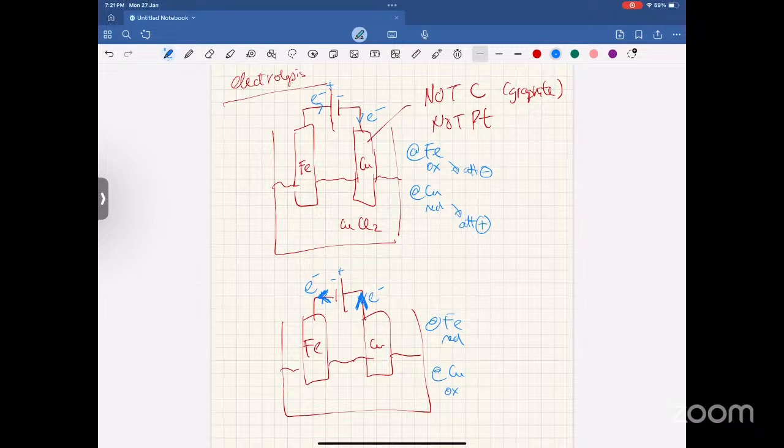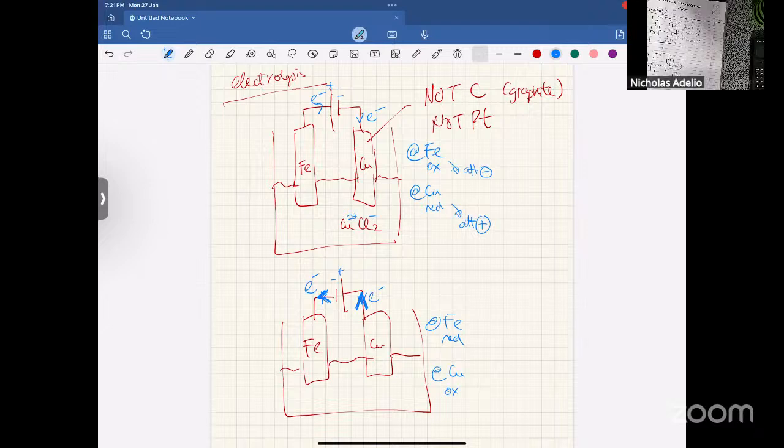The complication of the reaction is not the reaction. The reaction is easy. The problem is determining who reacts. We need a candidate list. Immediately, when you know Cu attracts positive, you form a list. This is Cu2+ and this is Cl minus. Am I correct?